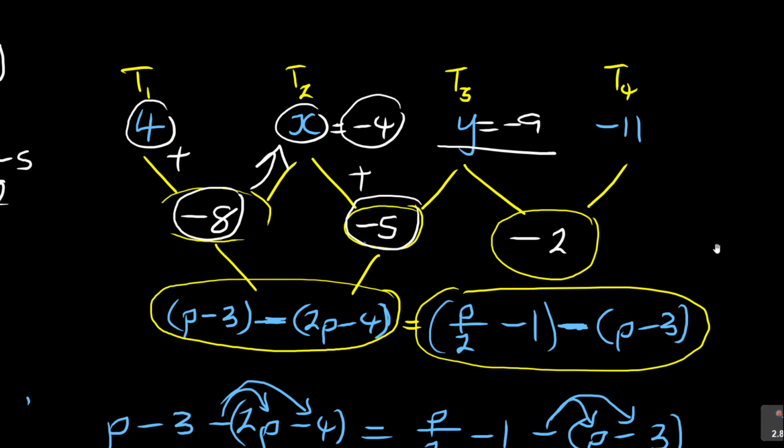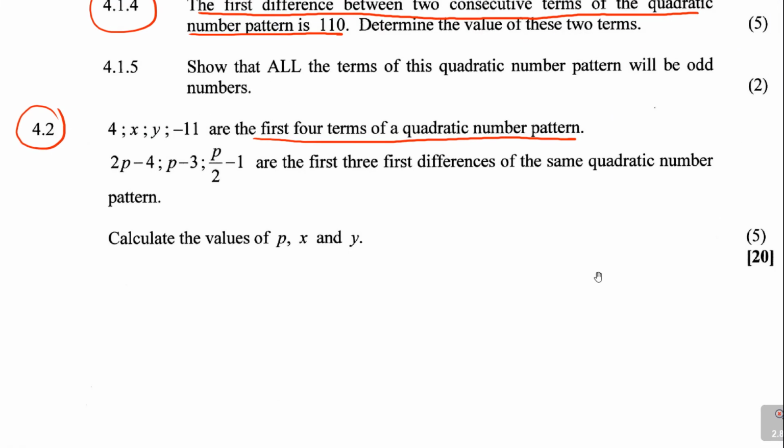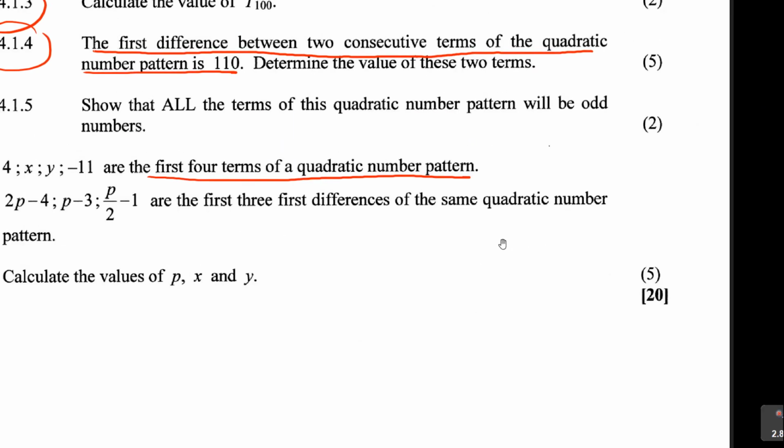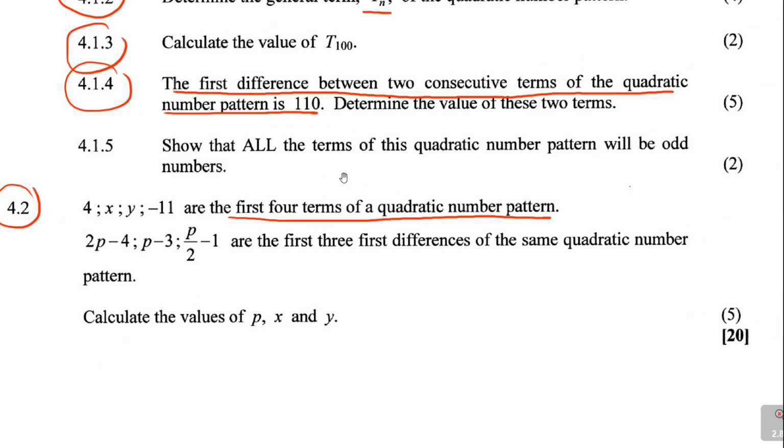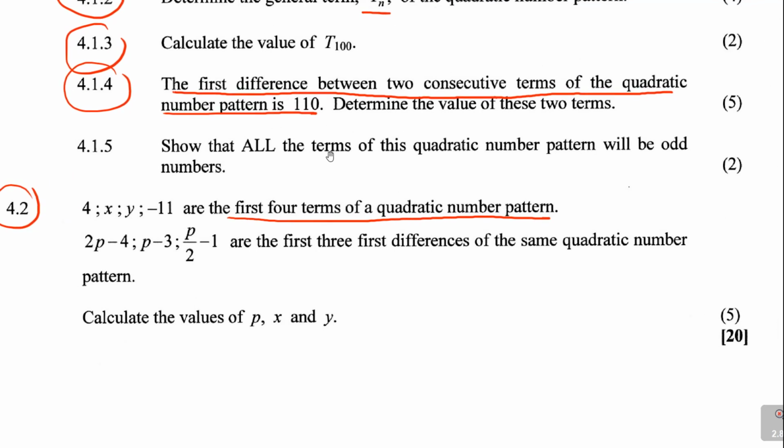It's up to you guys, but that's how you could have done that. How many marks? 20 marks. Not really bad, but it's patterns and it gives you some chance to get a few marks. I understand the 4.2 was a bit tricky and 4.1.4, but you need to be strong enough to pick what the examiner is trying to trick you on.